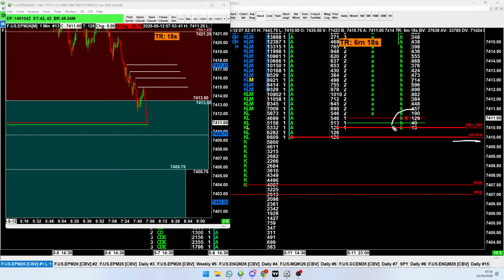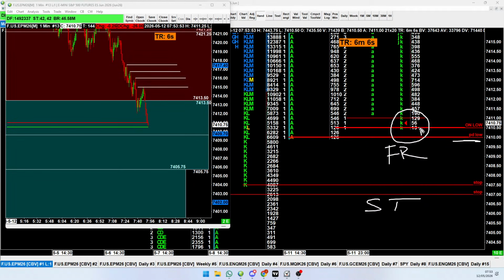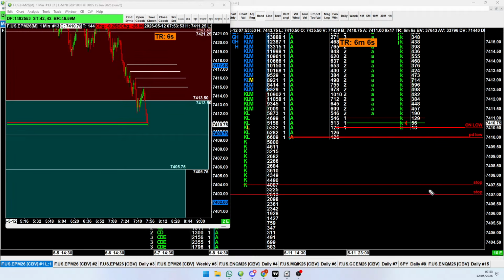Now, there's going to be some natural short covering here because we have shorts trapped here. So they will front run and buy this area. Now, why don't they buy it down here? It's because they're trading size.